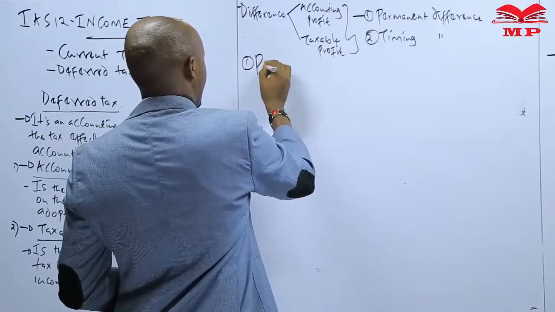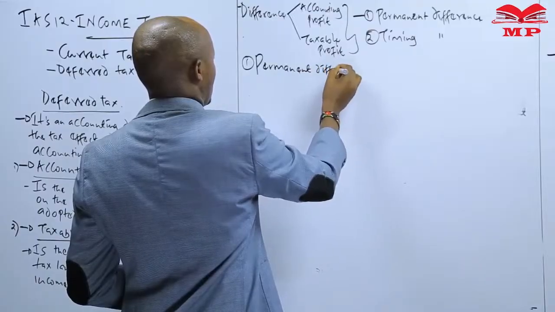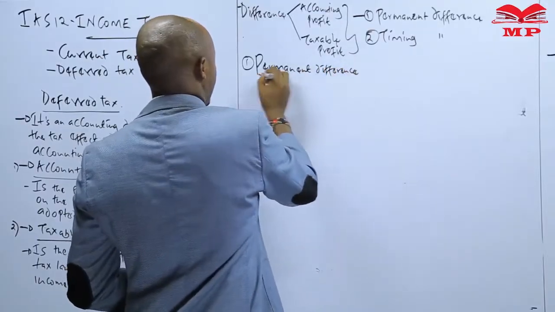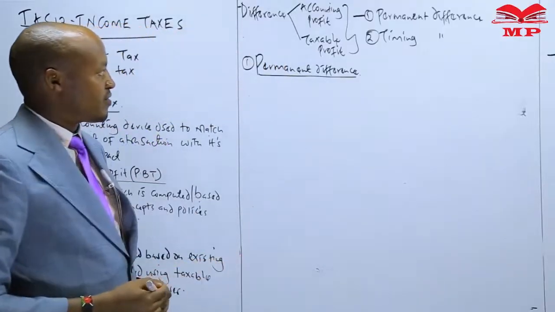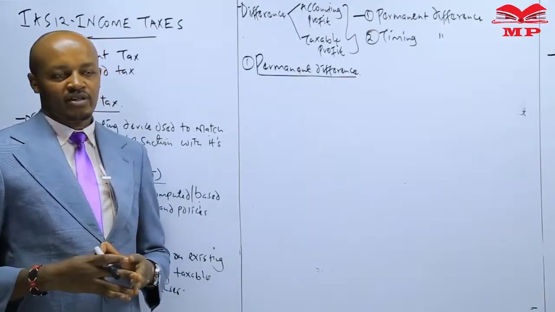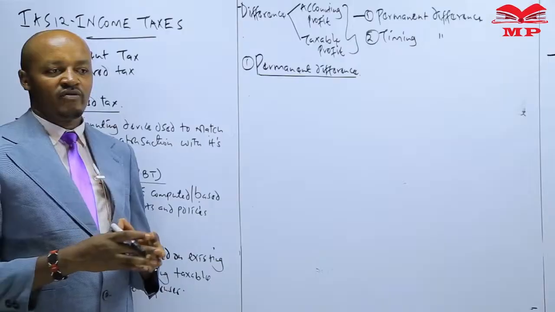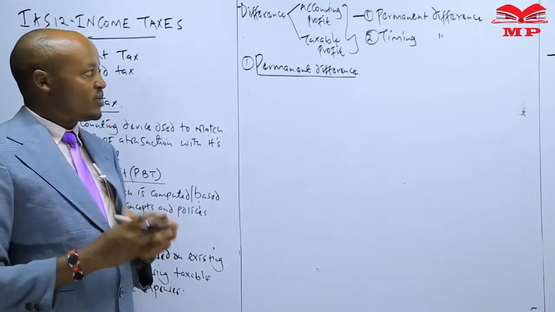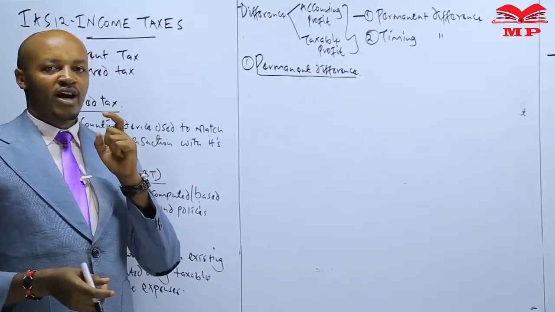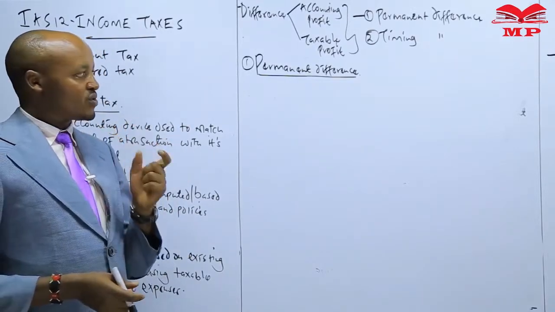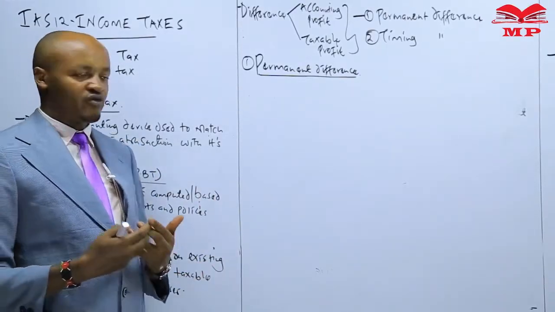One, we have what we refer to as the permanent difference. When we talk about a permanent difference, we say that this is the difference between the accounting profit and taxable profit, which arises because we have certain items of incomes and expenses which are taken into account in the computation of accounting profit, but we don't take them into account in the computation of taxable profit.